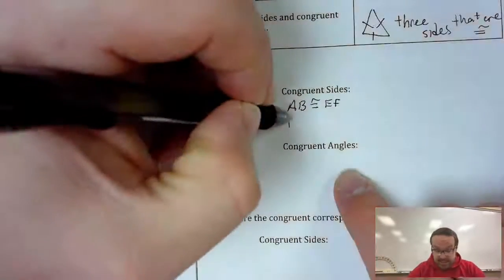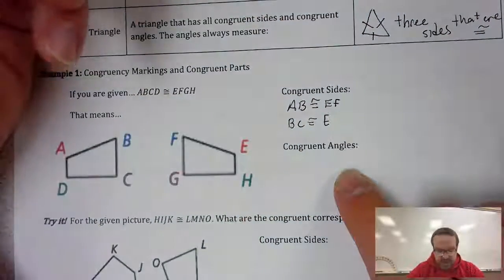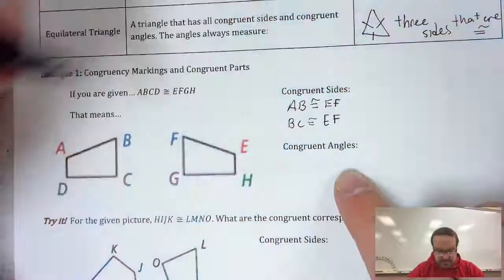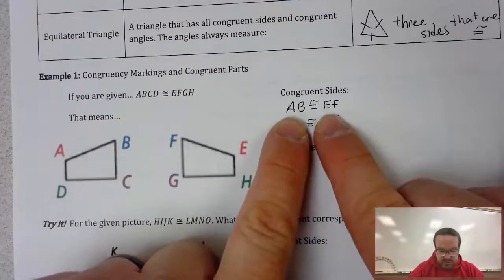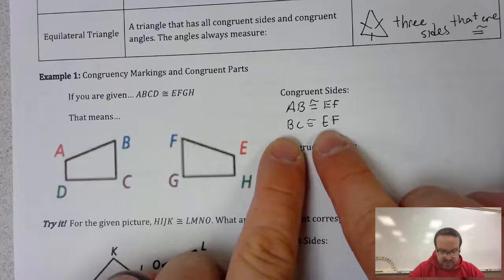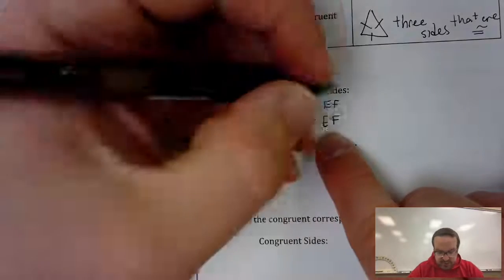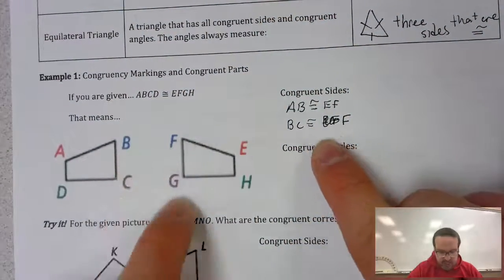BC is another one, and if I said BC, it'd have to be FG. Right? Notice that they're in the same position, right? The red is first and then the blue. Let's see here, excuse me, I guess I did mess this one up. It should be blue first, right? So it should be blue first and then purple second.